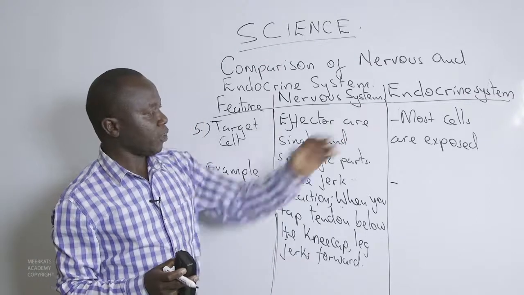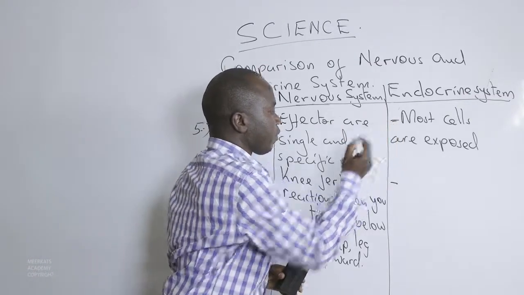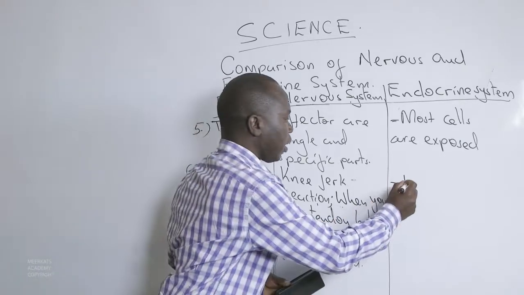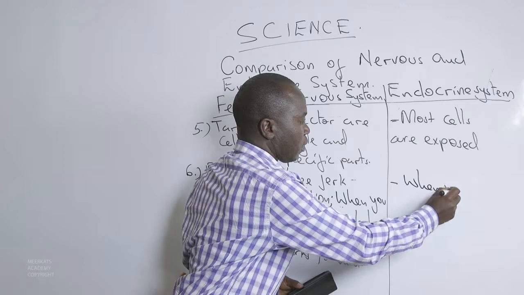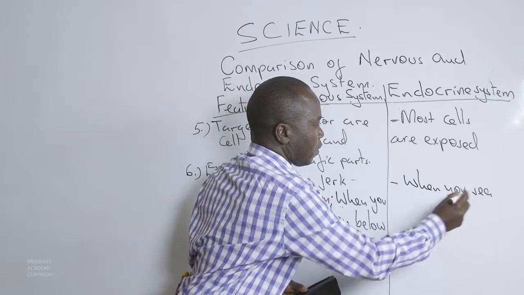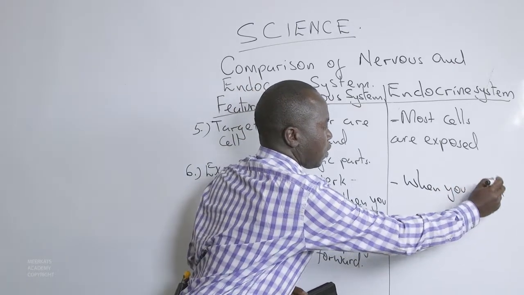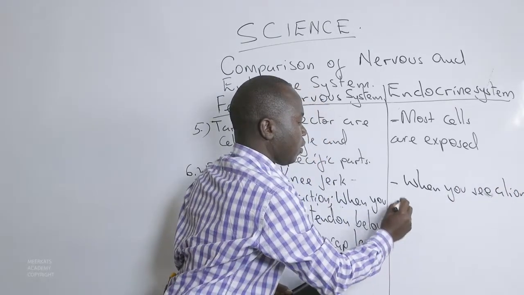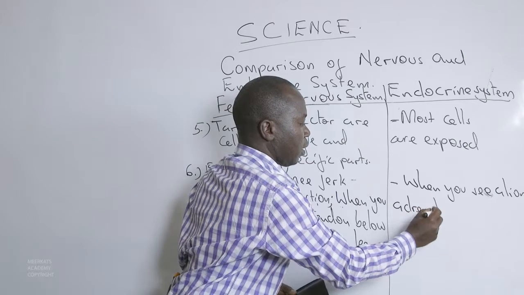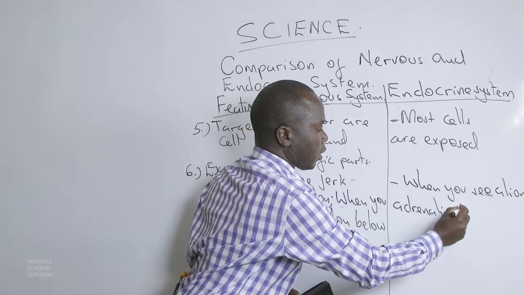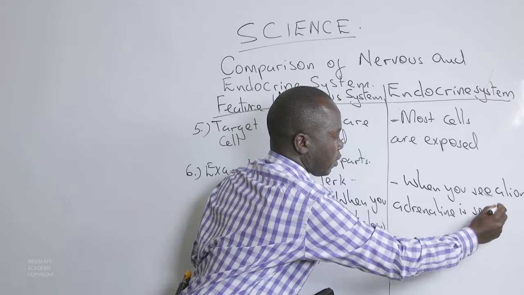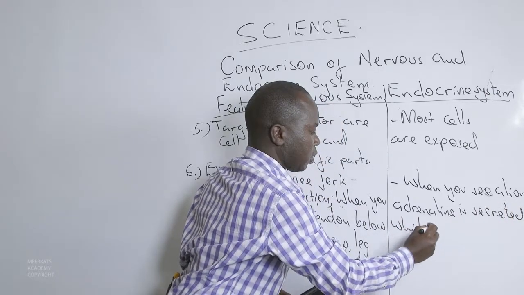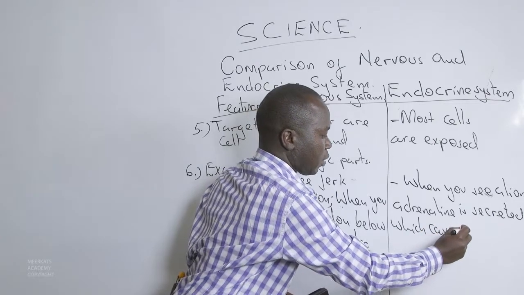An example for endocrine: when you are anxious, when you see a lion, adrenaline is secreted, which then causes increased heartbeat.